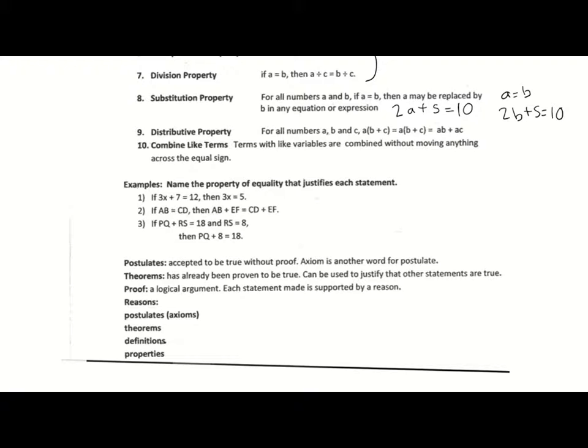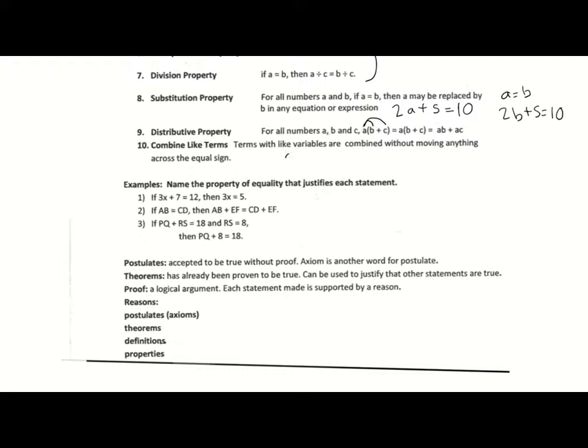Our next one is the distributive property. So if we have A times B plus C, we distribute our A, multiply A times B, and A times C. Okay, then number 10, we combine like terms when variables are combined without moving anything across the equal sign.